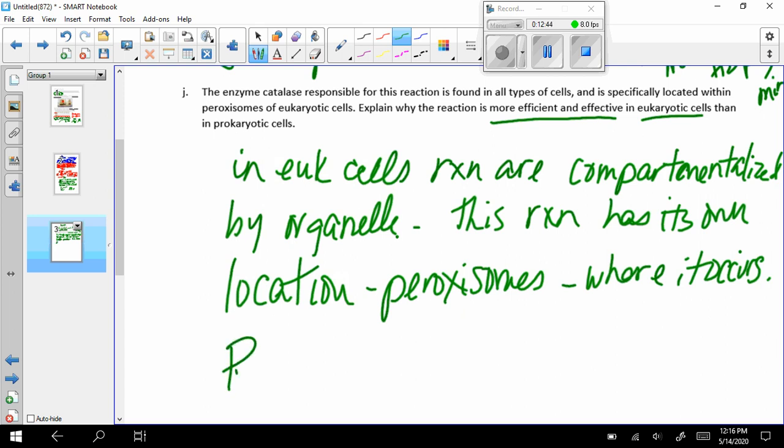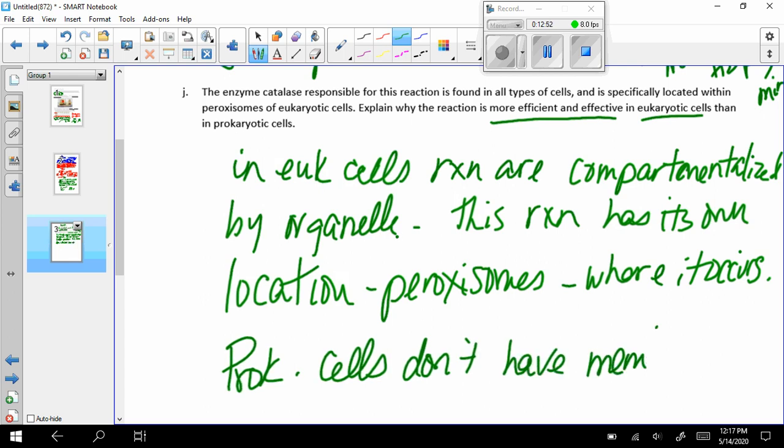In a prokaryotic cell, they don't have membrane-bound organelles.